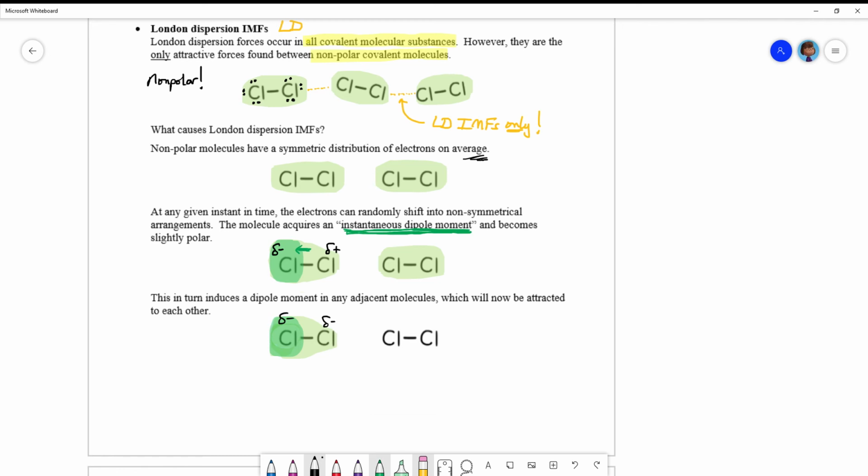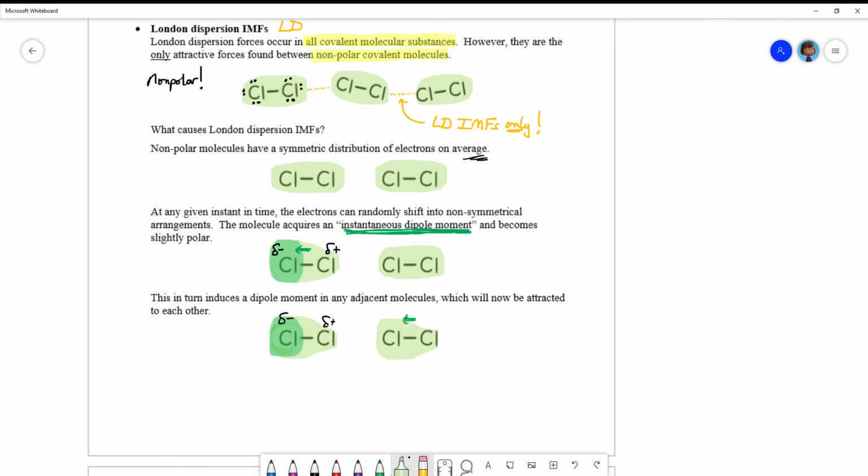Like I said, it's going to be promoting the electrons in our second molecule. This should be a positive here. The electrons in the second molecule are also going to want to move left to get closer to the positive charge, right? And when they do that, we get a distortion in their electron cloud.